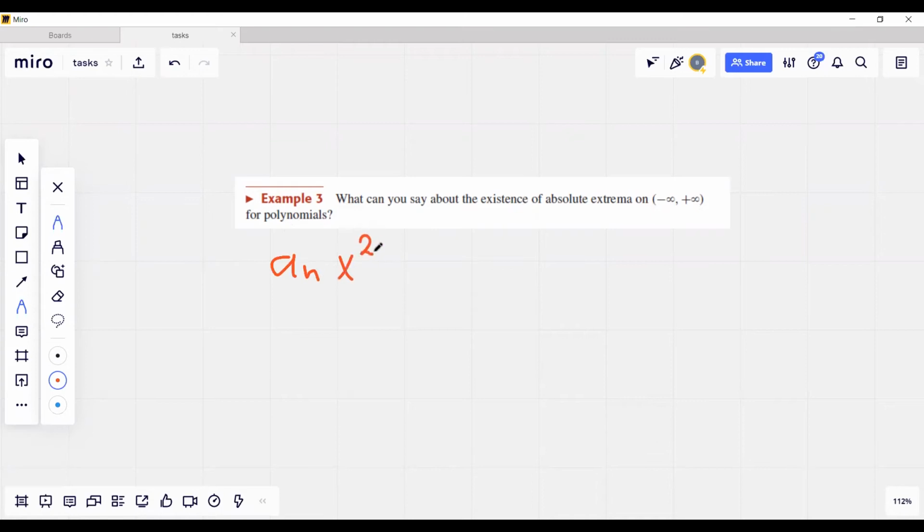Let's say that here we have odd degree polynomial. So leading term has odd degree. And second case, let's assume that our leading term is of even power.